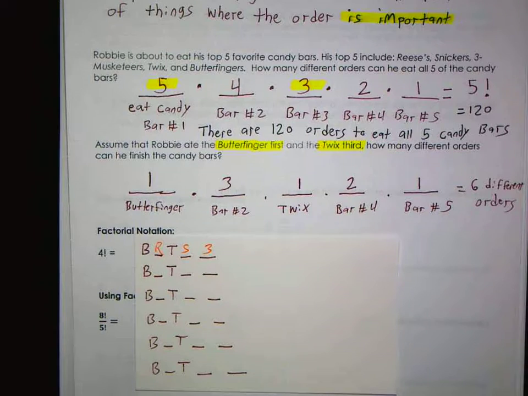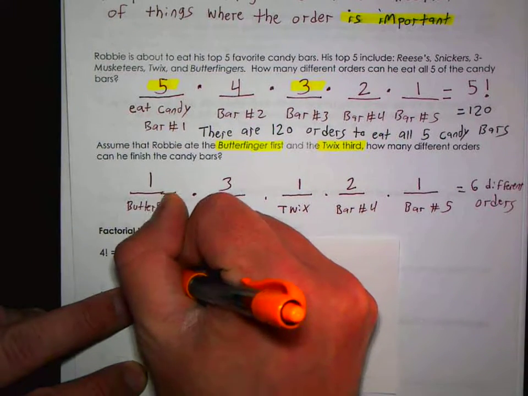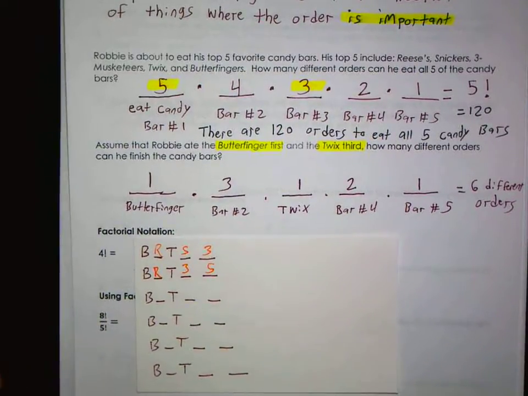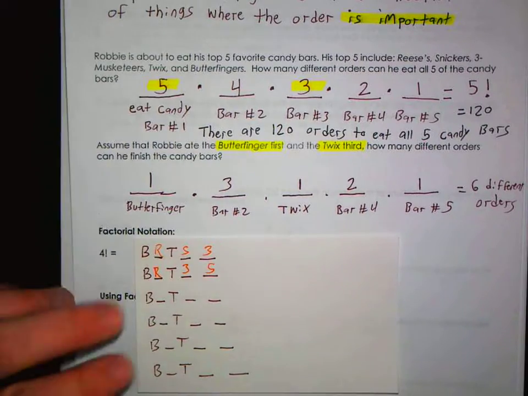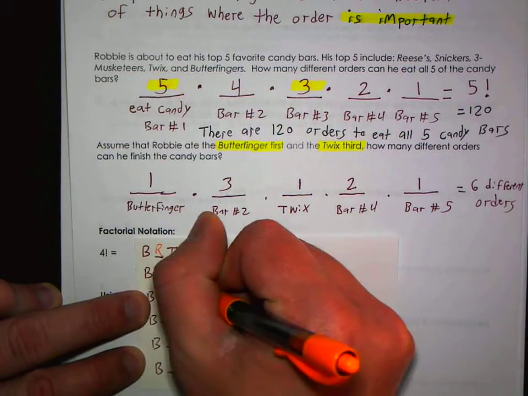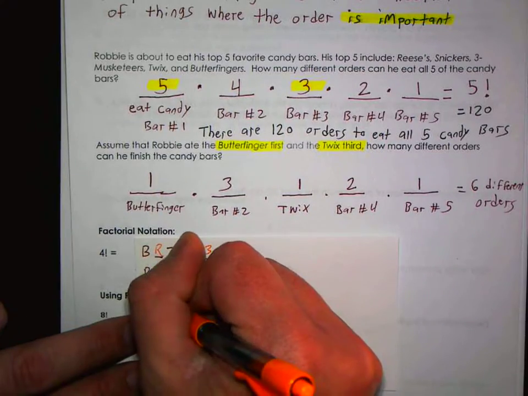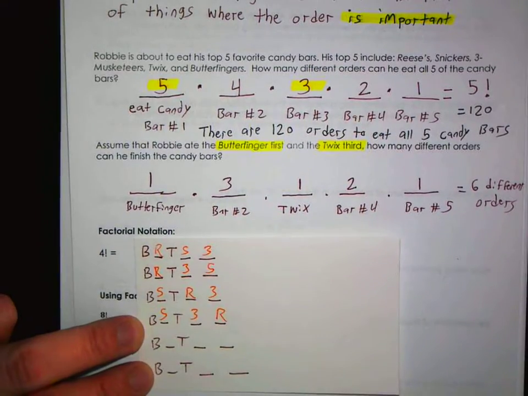Okay. What about the next one? Couldn't I make this Reese's and just switch the Three Musketeers with the Snickers? Any others? A Snickers, a Reese's, a Three Musketeers, or a Snickers, Three Musketeers, Reese's.